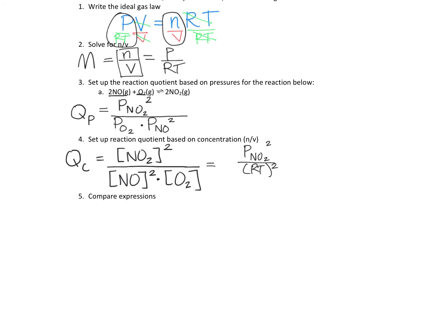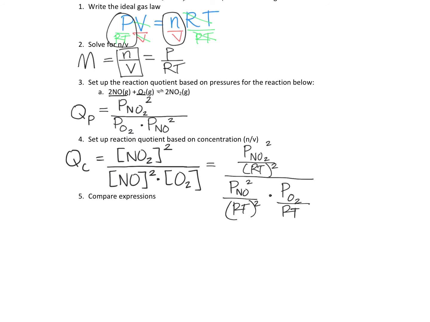I'm getting that again from the fact that N over V, or molarity, is equal to pressure over RT. So I'm substituting in pressure units, and that's going to be over pressure of NO gas squared over RT squared times pressure of O2 over RT.